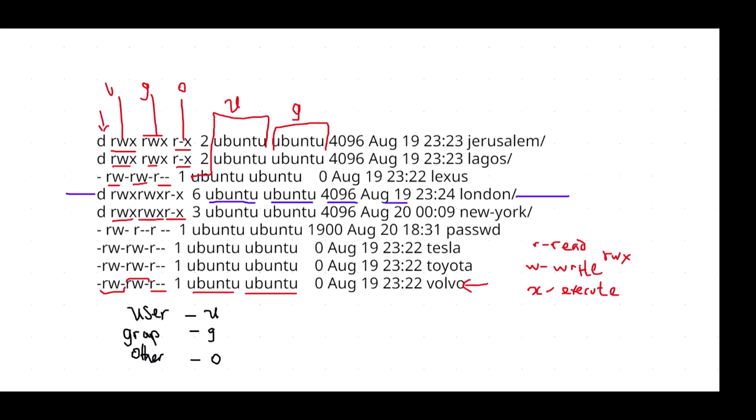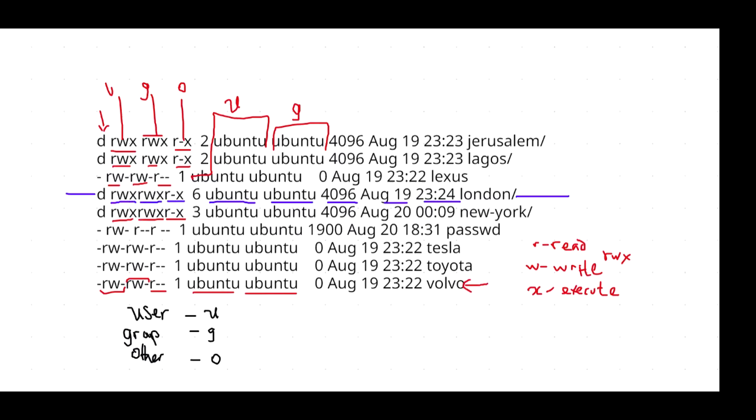Right? Now we are looking at the permissions as pertaining to the London folder. We said that there are three sets of permissions. The first three is for users. The next three is for group. And the last set is for others. And I say this column is for user. The second column is for group.